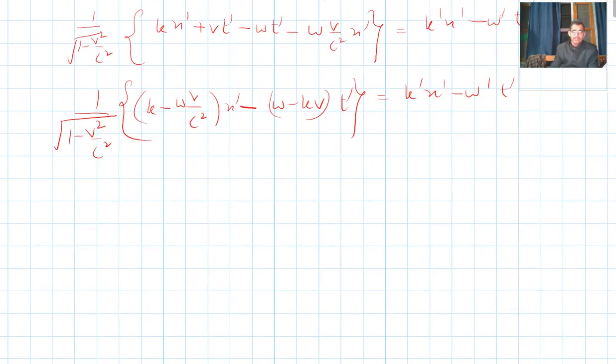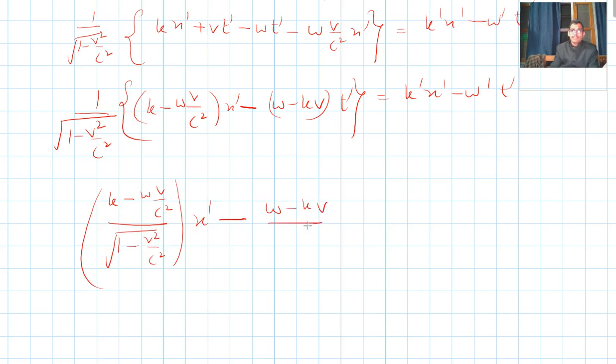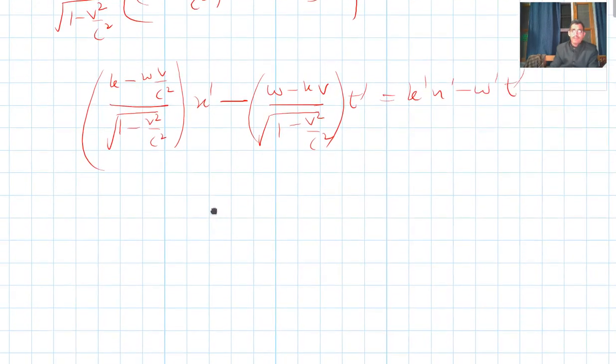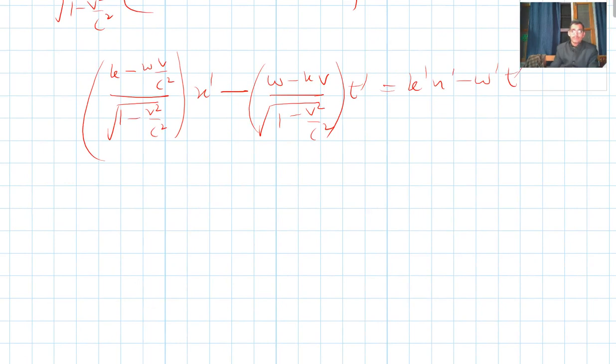Comparing both sides, I get that k prime is equal to (k minus omega v over c square) over root of 1 minus v square by c square, and omega prime is equal to (omega minus k v) over root of 1 minus v square over c square.